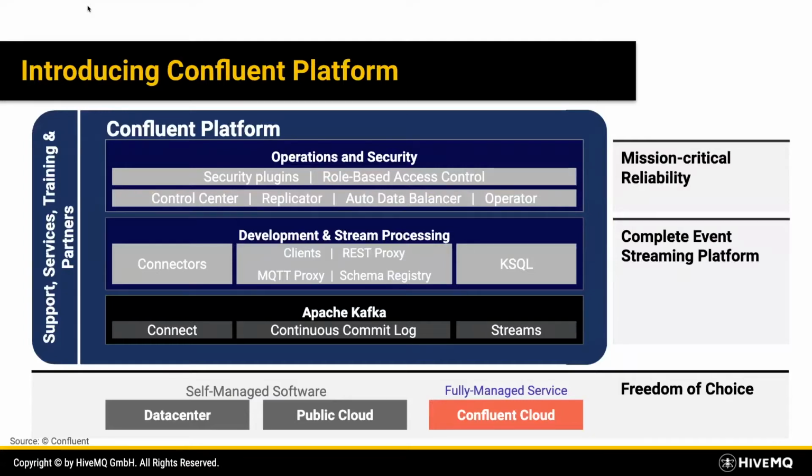And then if you look into the more sophisticated offerings, like providing connectors to all kinds of services and technologies, the MQTT proxy that we talked about, REST proxy, the schema registry, really good stuff that really helps you increase the value of your Kafka setup.